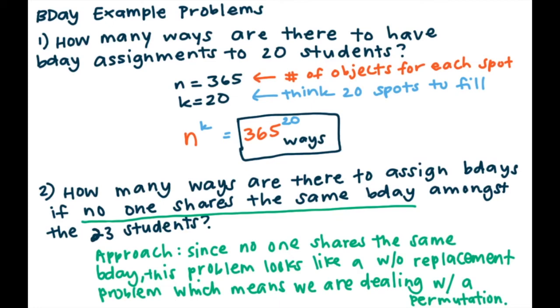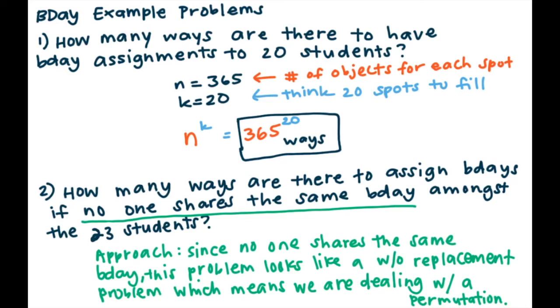And then k equals 20 because I have 20 students. And that's like the number of spots I need to fill. So using what we learned, I put n raised to the power of k, which is 365 raised to the power of 20, and that's the number of ways that I have to assign birthday assignments for 20 students.